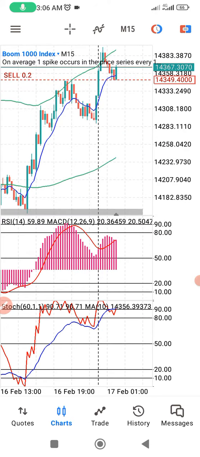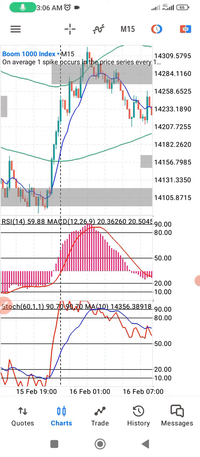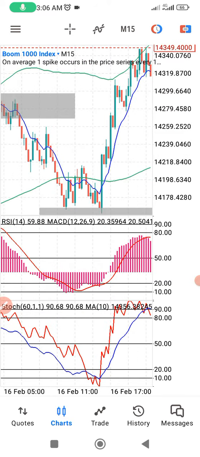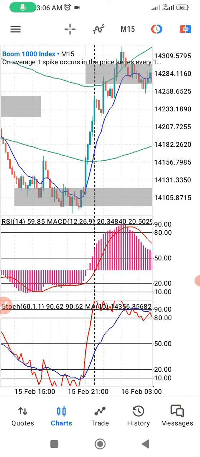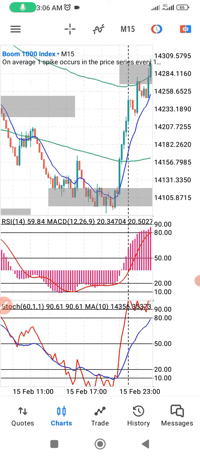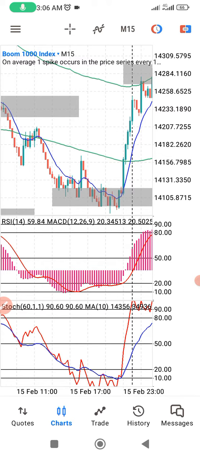Now when we come to our 15 minutes time frame, we want to see if this structural point is at our Bollinger Band level.